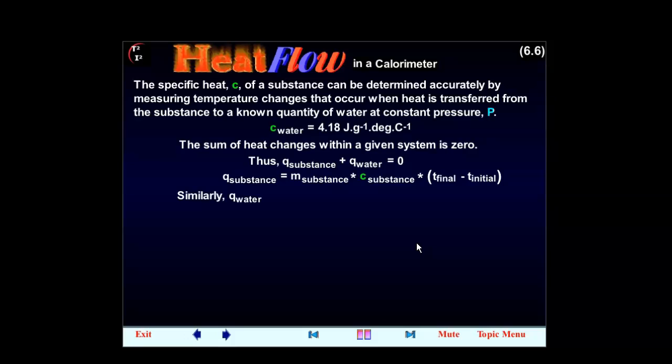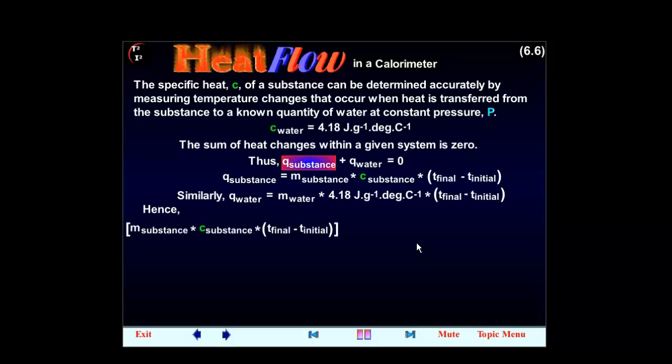Similarly, Q water equals mass water times 4.18 joules per gram per degree Celsius times quantity T final minus T initial. Hence, Q substance plus Q water equals 0.